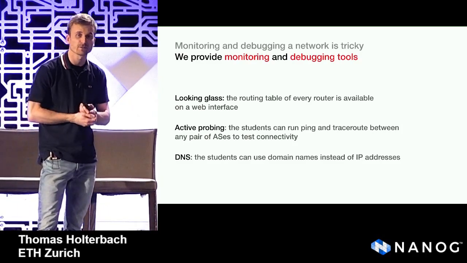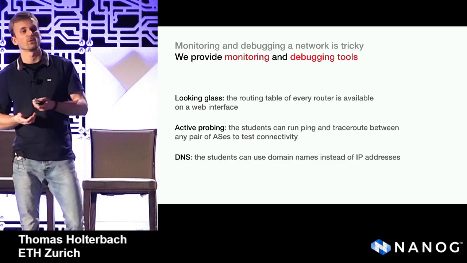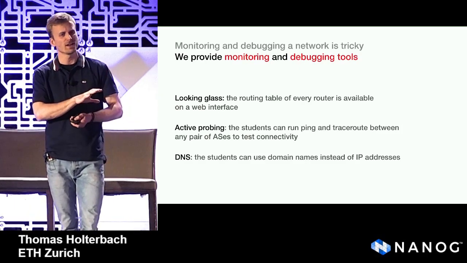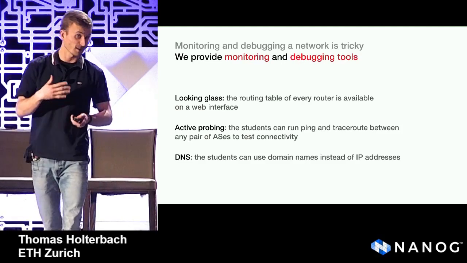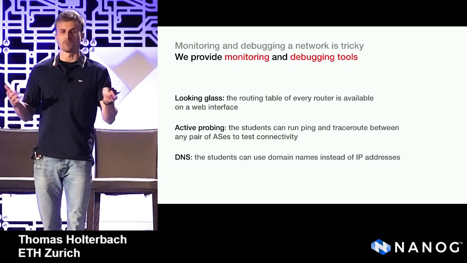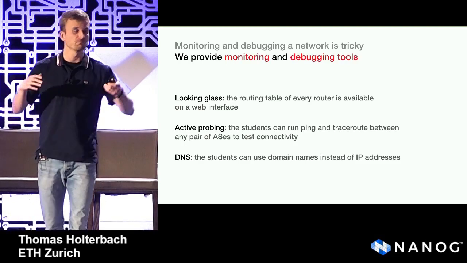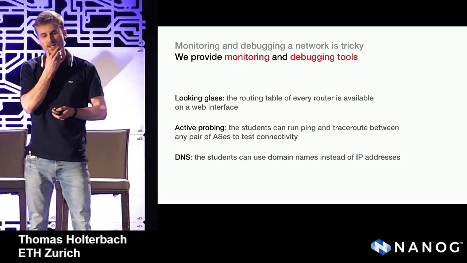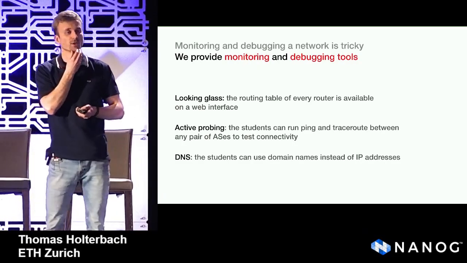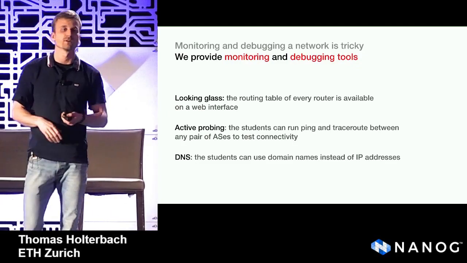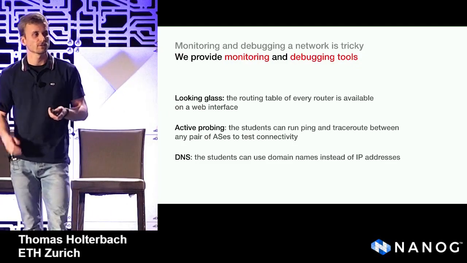They can also perform some active measurements, so they can do ping or traceroute from any AS to any other AS in the topology. This is very similar to the RIPE Atlas platform, for instance, that network operators use very often to monitor connectivity from external vantage points. Finally, we have a DNS so that students can use domain names instead of IP addresses. This helps, for instance, to better understand traceroute results.